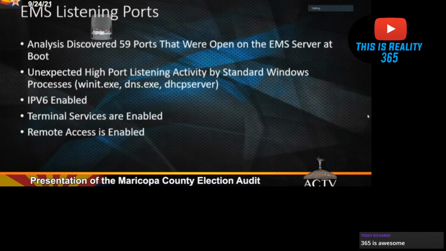And we preserved that in a forensics image file that I could then leverage without fear of modifying or changing anything on the original device.